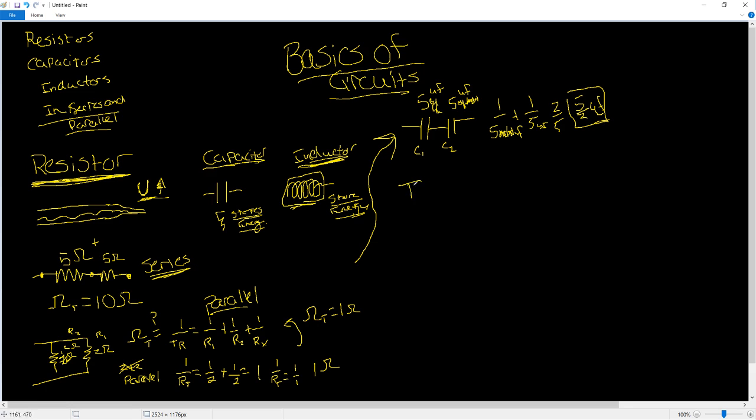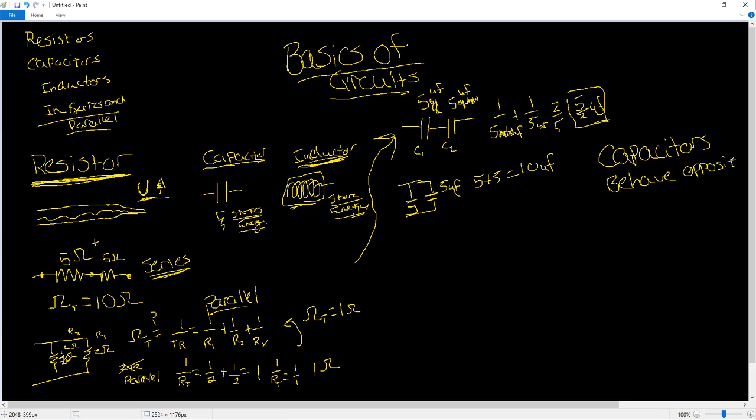In the same way, if you have two capacitors in parallel, say let's make them both 5 µF again, you just add these together, so 5 plus 5 equals 10 microfarads. So capacitors behave opposite to resistors in series and parallel.